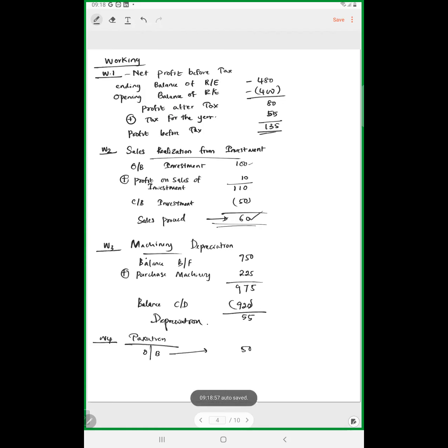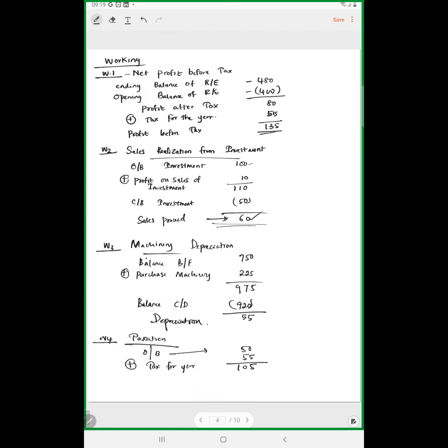At the start there was 50 of tax to be paid. So then during the year, tax for the year, how much? 55. So altogether, the company has to pay 105 tax.